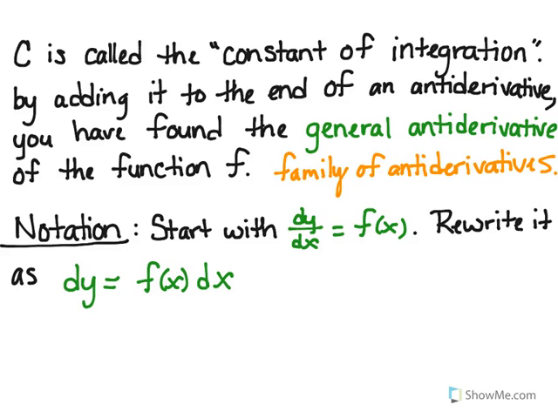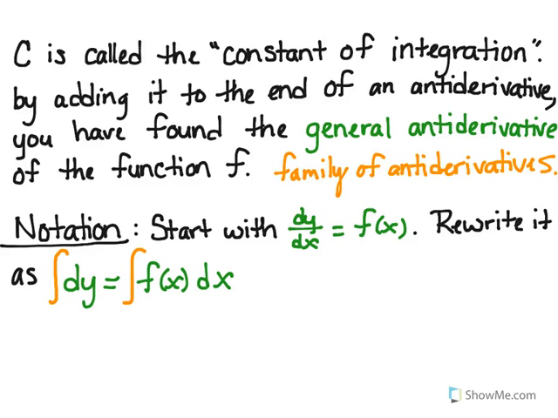What we're going to do now is we're going to introduce integral notation. Once I have the dy and the dx separated, I'm going to write in integral signs, which kind of look like squished s's. The antiderivative of dy, well, that's 1 dy. The antiderivative of 1 is a variable.